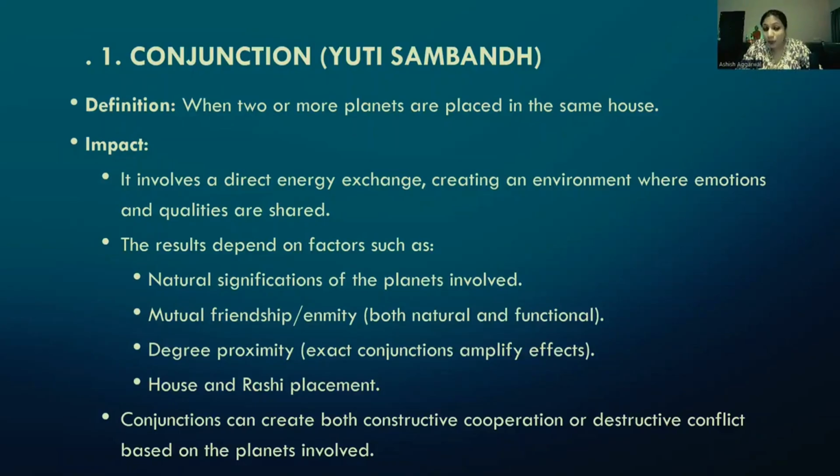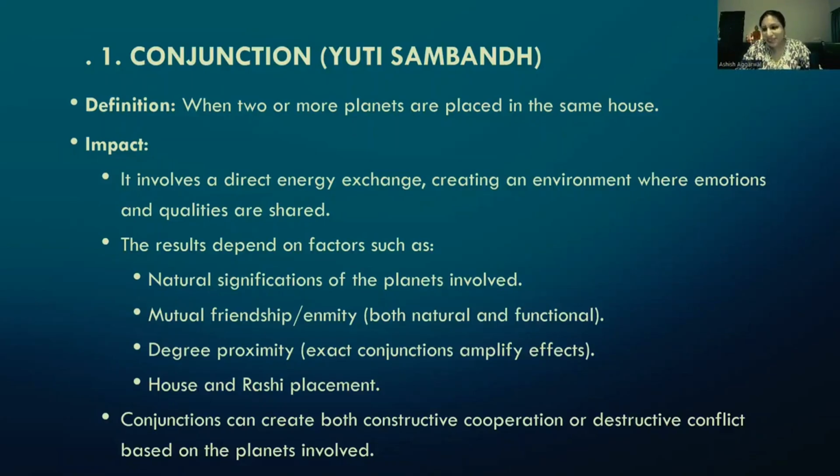In this give and take, who benefits, who suffers, who is causing trouble, all of this depends on their natural significations, their relationship and placement, and their impact. It also depends on their house and sign and their strength. All these factors determine whether the conjunction is good or bad.